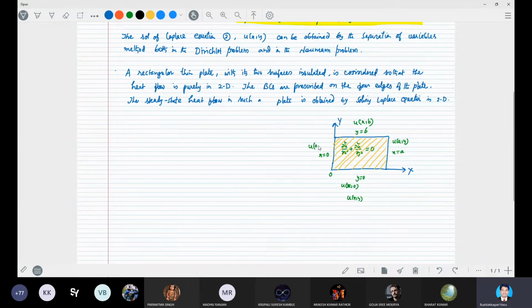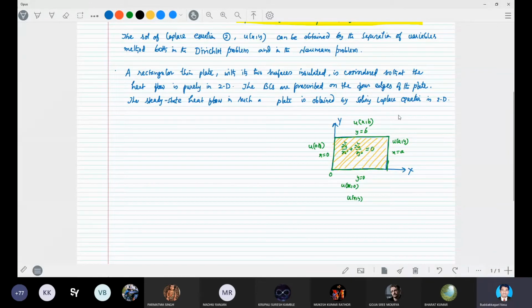These boundaries u(0, y), u(x, 0), u(a, y) and u(x, b) describe the boundary conditions.